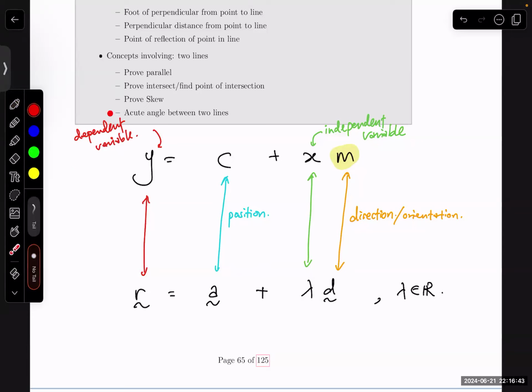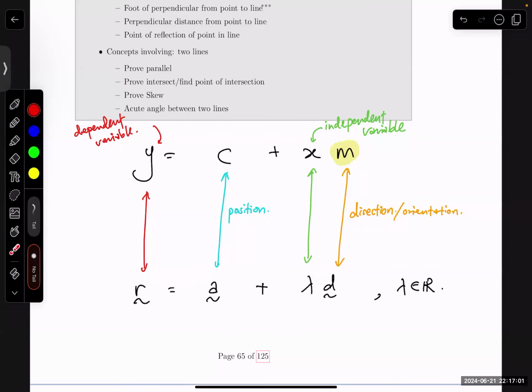Dependent is because, whatever value our independent variable takes, the dependent variable depends on certain factors like m, the gradient, or c, the y-intercept. So those two numbers that describe the line, together with our input, the independent variable, give us a dependent variable, and those form our coordinates of points on the line.